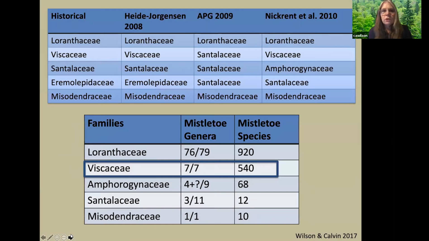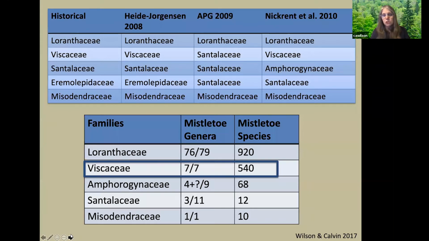So here is the historical way people have looked at mistletoes. Mistletoe, rather than being an entity, is a life mode, because they have to be branch parasites, living on the branches of trees, and they're found in 5 families: the Loranthaceae, Viscaceae, Amphorogynaceae, Santalaceae, and Misodendraceae.